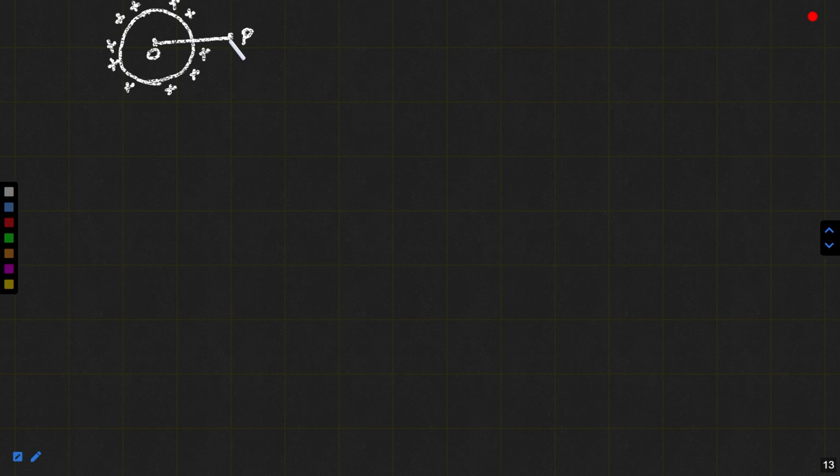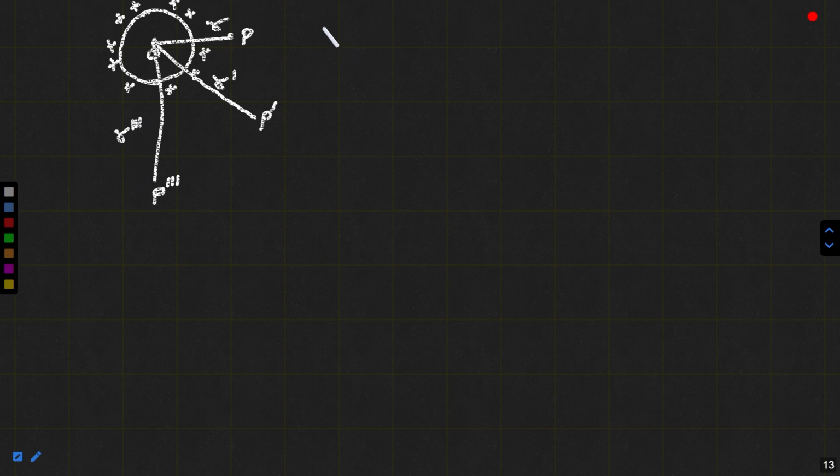Now another point P prime, this one, and the distance from the center is R prime, and the distance from the center is R. And a third point P double prime, and the distance is R triple prime.